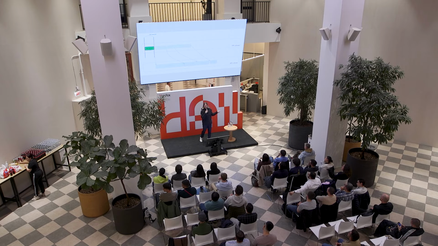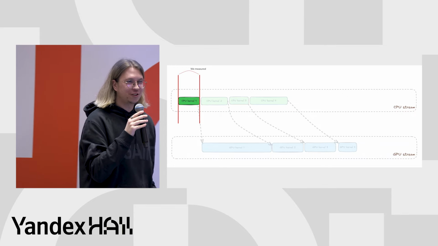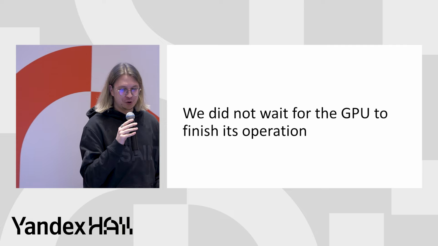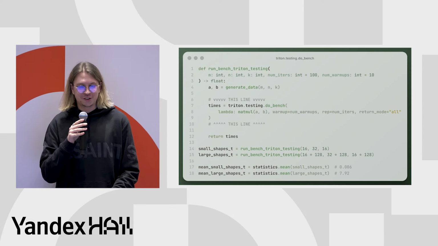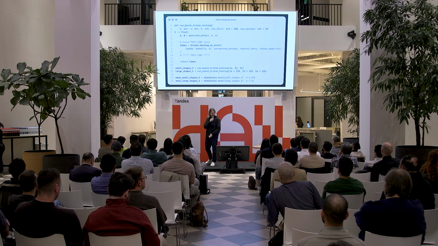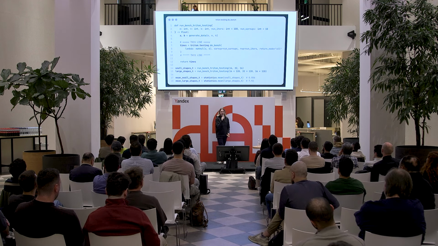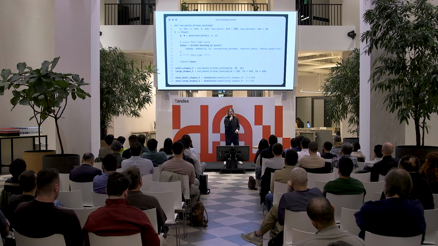There are many ways to overcome this challenge: you can use CUDA events, you can use synchronization. But since our talk is on Triton, this is the first slide where I want to show you how to use Triton. You can just call triton.testing.do_bench here on line 7, and pass the function that you want to benchmark directly inside this call.